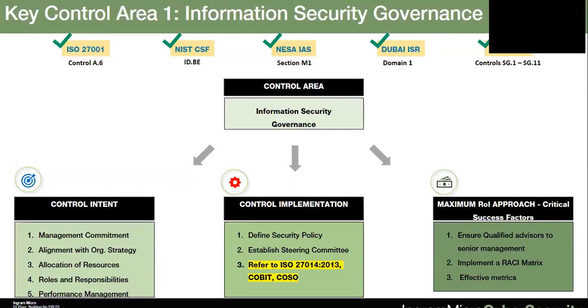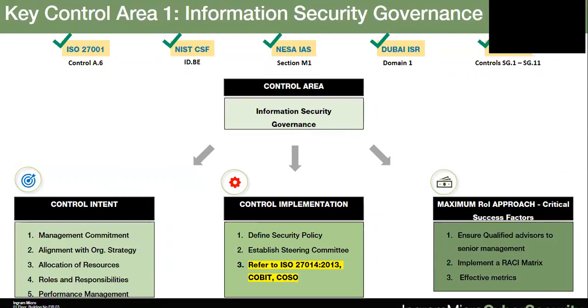However, the key aspects to keep in mind to maximize return on investment on security governance activities, I would summarize as follows. First, ensure the security governance initiatives are led by qualified personnel, because we need skilled, qualified people in our organizations.